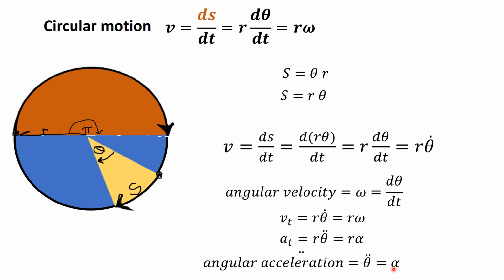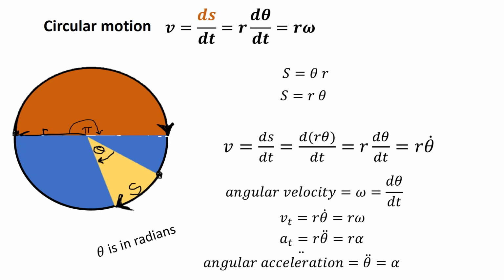Alpha kind of sounds like A, right? Alpha and A go together. Omega, it's like two V's smushed together, I guess. So omega goes with velocity, alpha goes with acceleration, and it's the angular piece of it. So r omega and r alpha.